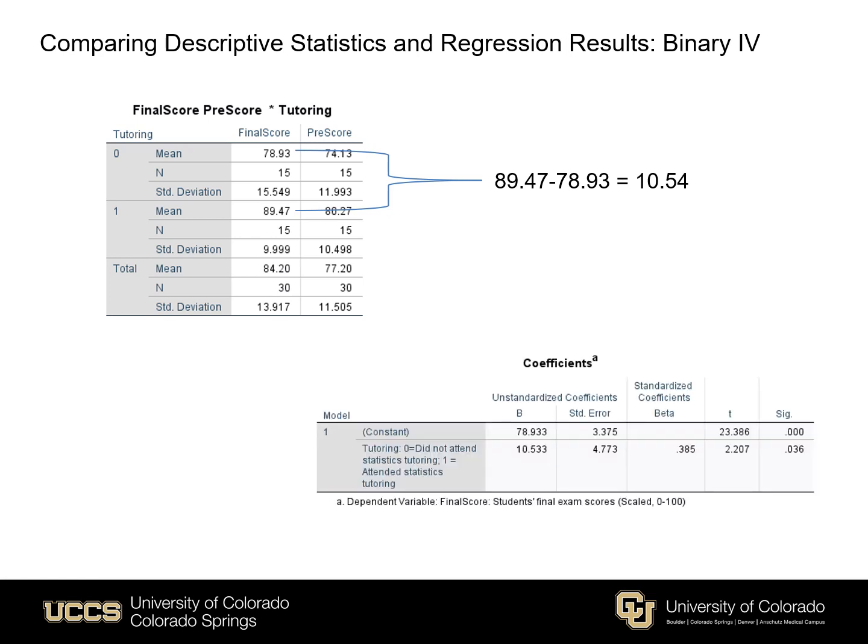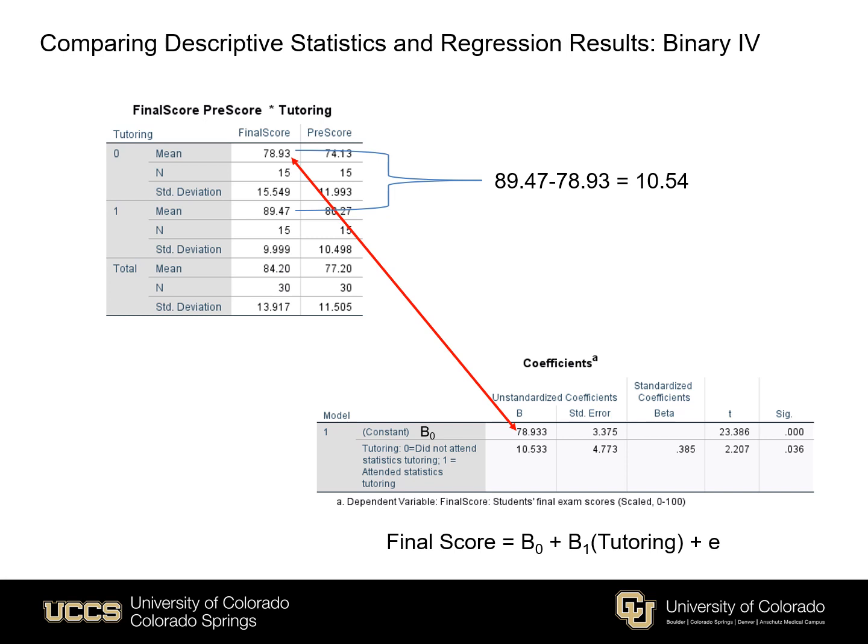And like on the previous slide, here is the regression output for this model, which is doing the very same comparison. Note also that the constant row in our coefficients table is really just the B0 of that model. And the 78.93 that we saw in that regression, the red arrow points to the average final score of the no tutoring group.